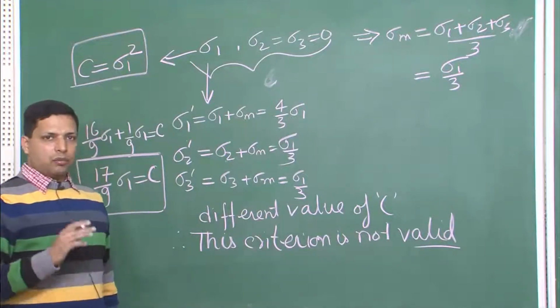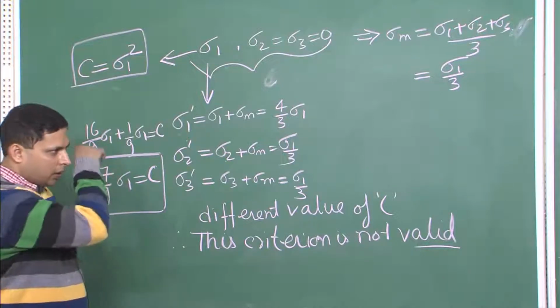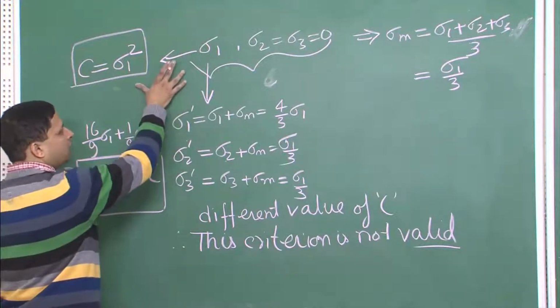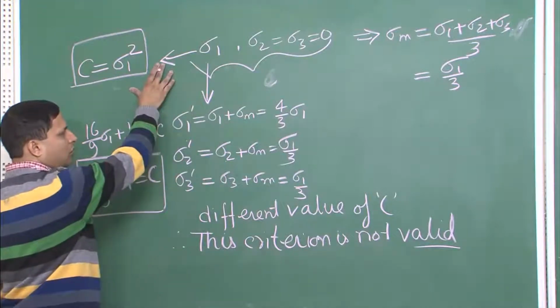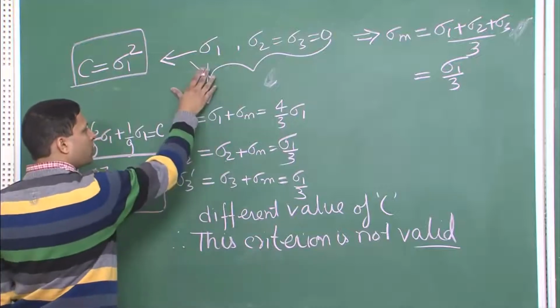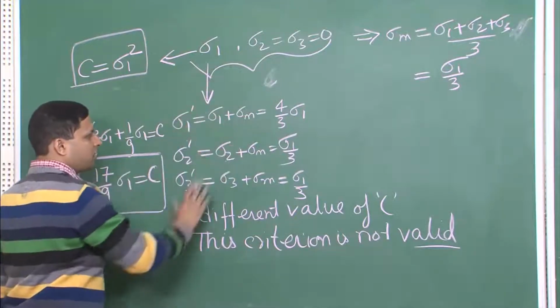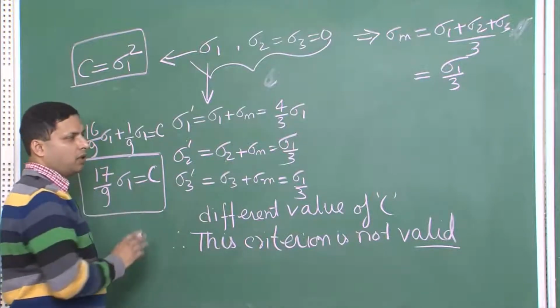Okay. So, let me repeat why we are saying that this is not a valid criterion. We have applied the yield criterion onto the first condition where we have not applied any mean stress. In the second condition, we have applied mean stress, and again we use the same yield criterion.